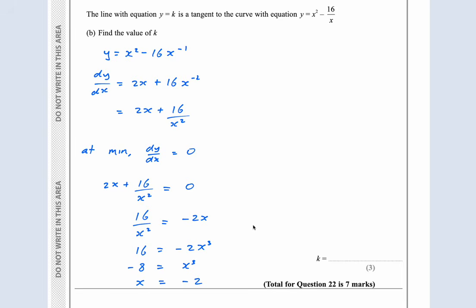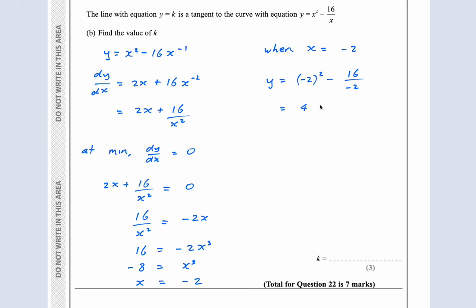But we're not done, because remember what I said is we're actually trying to find the y coordinate of this. So the y coordinate is when x equals negative 2, y equals negative 2 squared minus 16 over negative 2, which is 4. Minus 2 times minus 2 is 4.